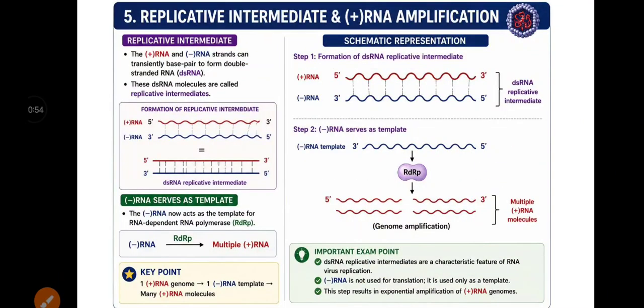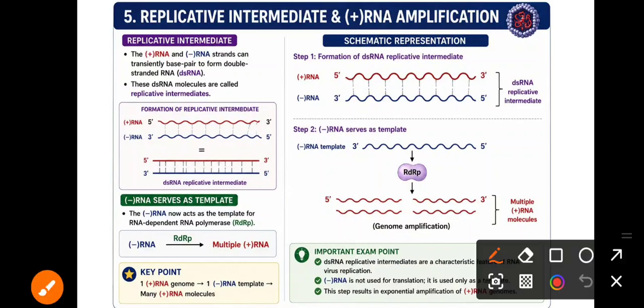So with the help of RdRp, they will form positive sense single stranded RNA. Okay, so what happened, these are complementary.